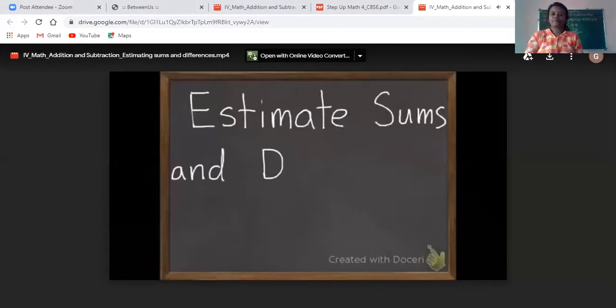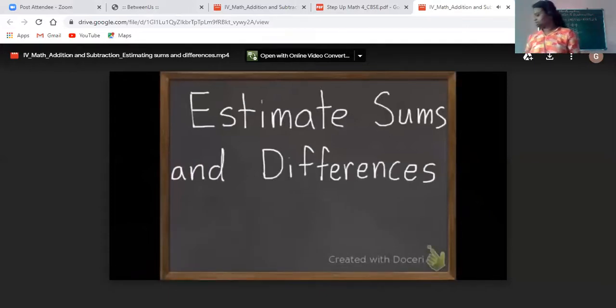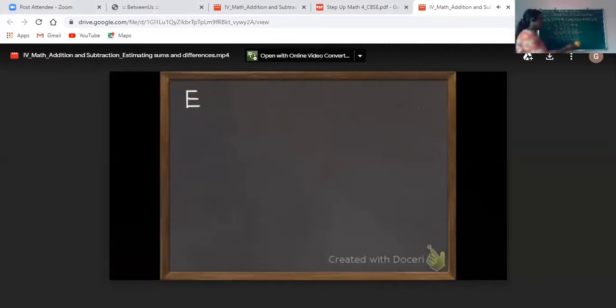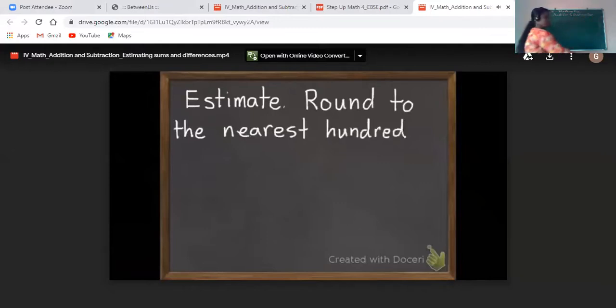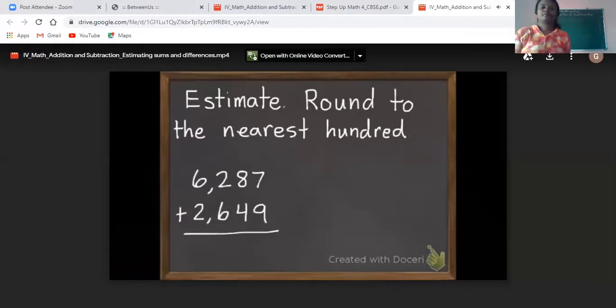Today we're going to estimate sums and differences. In Chapter 1 we learned how to round. Now that we're on addition and subtraction, we're going to be estimating and rounding some addition and subtraction problems. So my instructions say to round to the nearest 100.